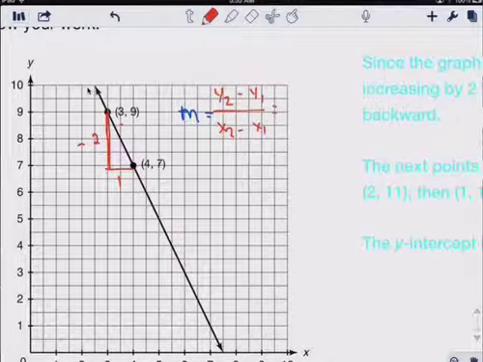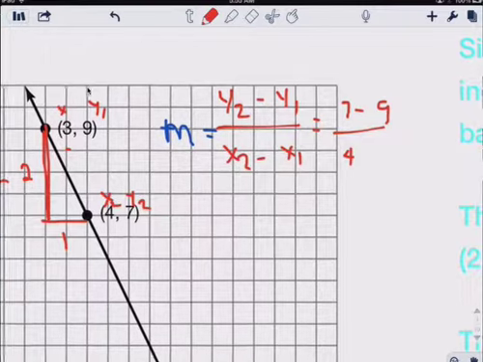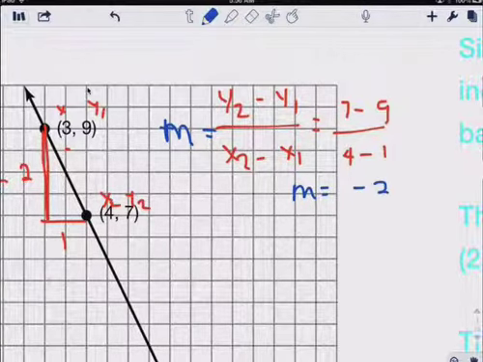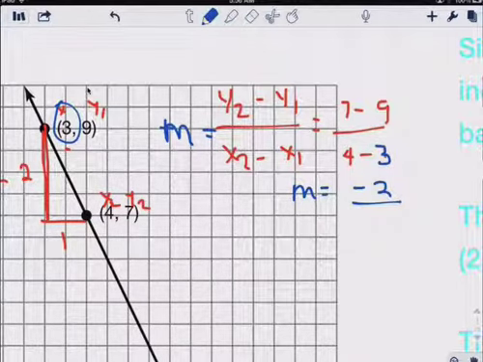Okay? Y2, that's your first point. X2, Y2 here, so that's 7 minus 9 over 4 minus 1. So then the slope is negative 2 over 4 minus 3, I'm sorry, that's a 3 right here, 1.